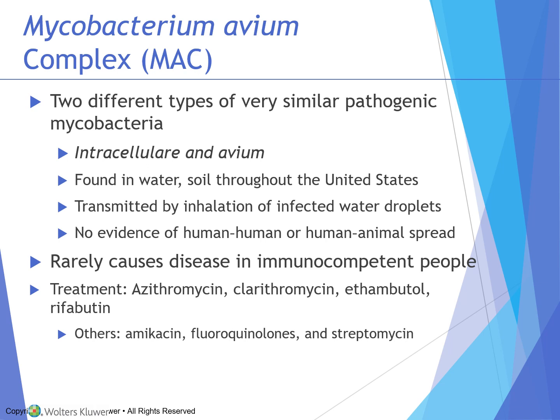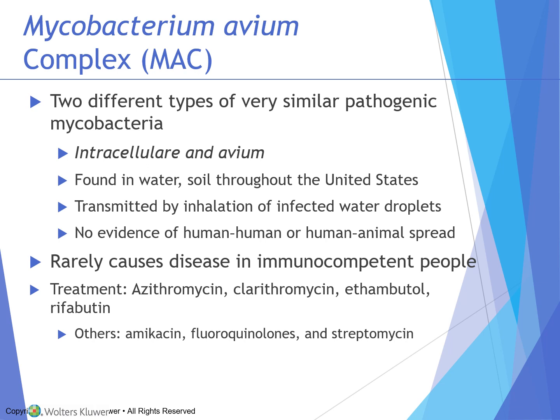There is no evidence of human to human or animal to human spread. It is rarely going to cause disease in immunocompetent people, but it's not the same story in immunocompromised people, for example, people with HIV could get it. And think about our immunocompromised patients and how any opportunistic pathogen can actually cause a serious infection in them.